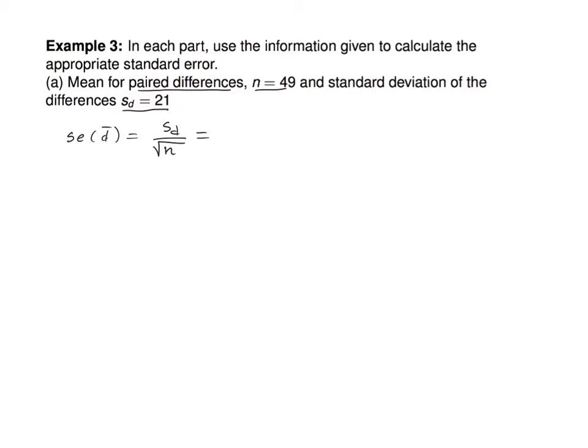This one's kind of nice, it works out pretty. What goes in for SD? Over root of n, which works out to be 21 over 7, which is 3. It's kind of a large standard deviation, right?